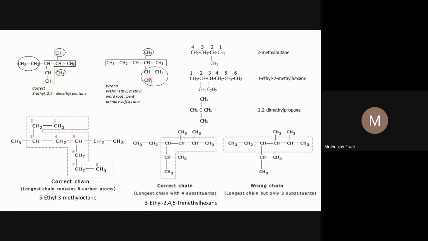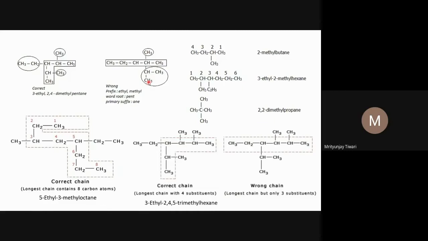Now let's see this one. In this carbon chain, 1, 2, 3, 4, 5, so five carbon atoms. If you go from this direction, one, two, three, four, five, six. So this will be the part of the main chain, and not this one, because this one contains only five carbon atoms. So this is the wrong notion.